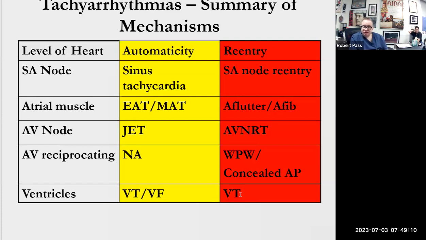They're called isthmuses in the RV outflow tract, related to the manner in which the surgery was done and the VSD patch was closed, that enhance the risk for VT later in life. And then there are automatic arrhythmias, and most of the fellows have seen Barry or me try to ablate PVCs or even VT in some patients who have automatic ventricular arrhythmias. And then VF is typically an automatic arrhythmia, which is usually induced from VT.